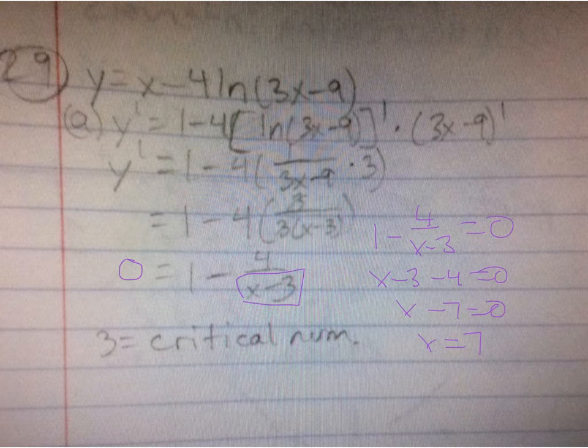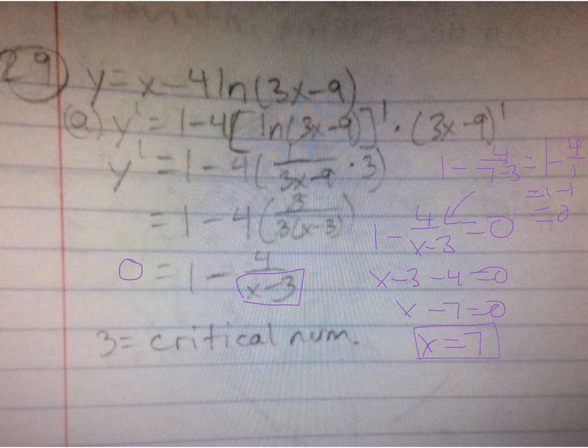And so if I put a value of x equals 7 into the denominator of that function, I would get 1 minus 4 over 7 minus 3, which would be 1 minus 4 over 4, which is 1 minus 1, which is 0.